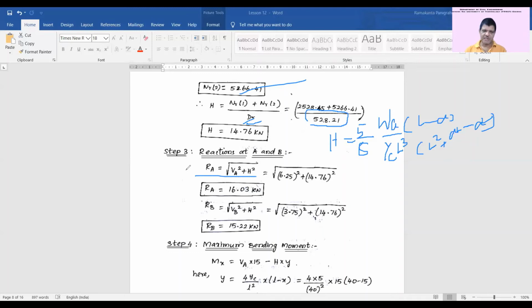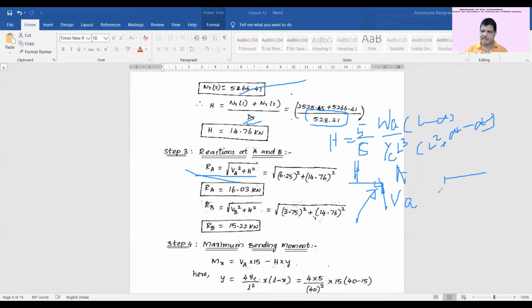Now come to the reactions. Suppose this is the junction A. At junction A, you have this horizontal thrust H, and also the vertical reaction VA. The resultant reaction will be the square root of H square plus VA square.